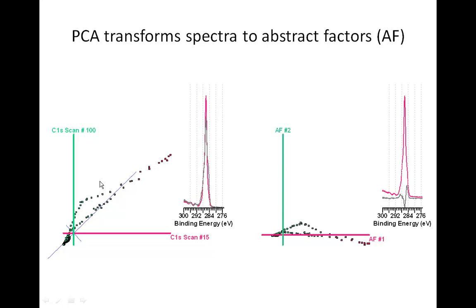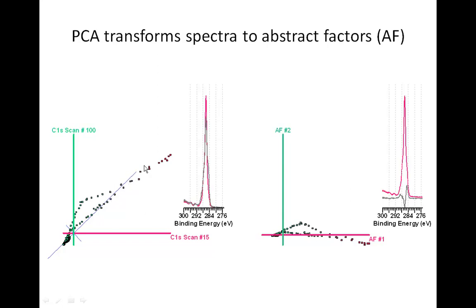And the fact that they are different means that instead of just being in one dimension, the distribution then extends in two dimensions. So we can see that we have a two-dimensional scatter plot. Now what principal component analysis does for us is it calculates this line in the two-dimensional space that is defined by this scatter plot.